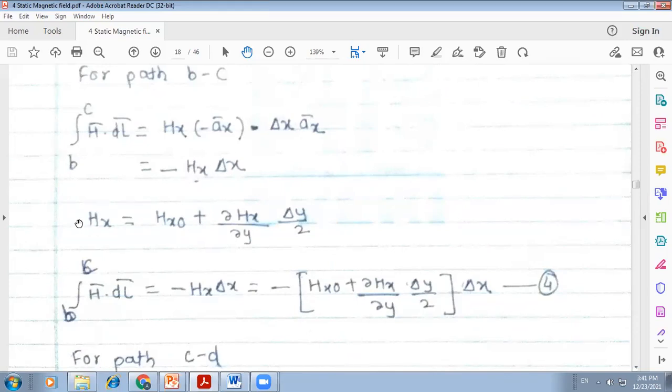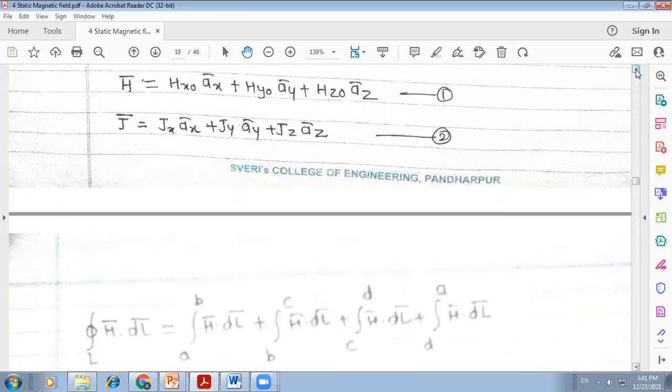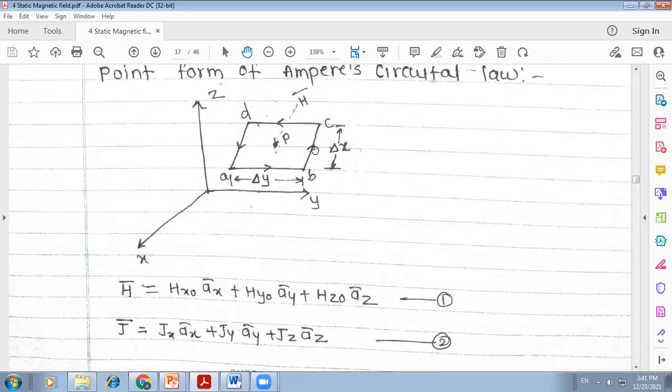Now this Hx is equal to Hx0, that is at the center point P, plus, now this Hx is varying with respect to y. Okay, this is path B to C. Now we are going from point P to path BC.